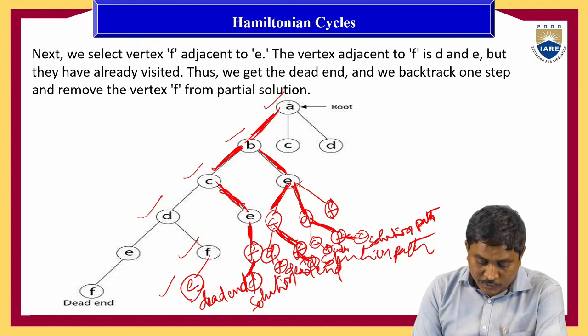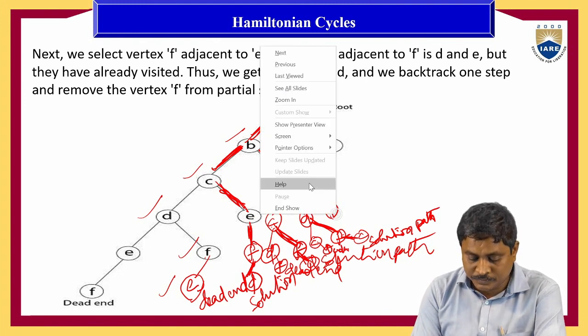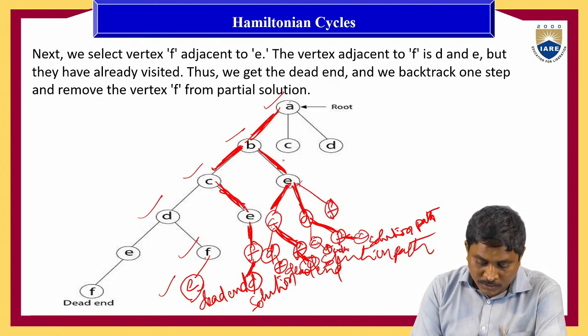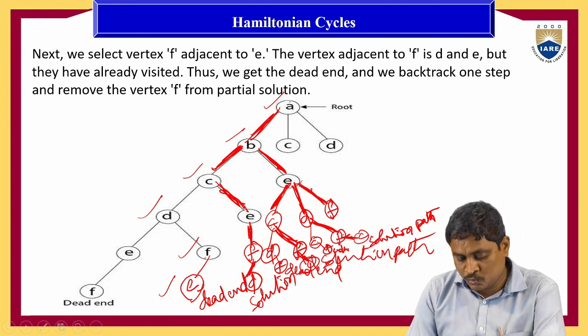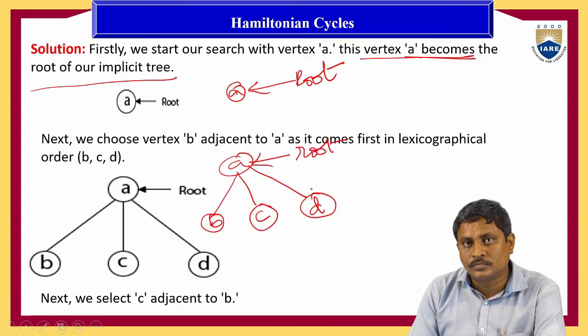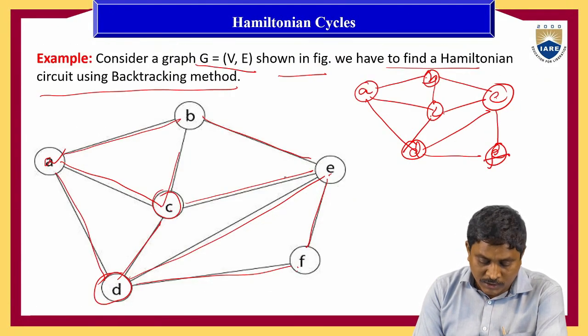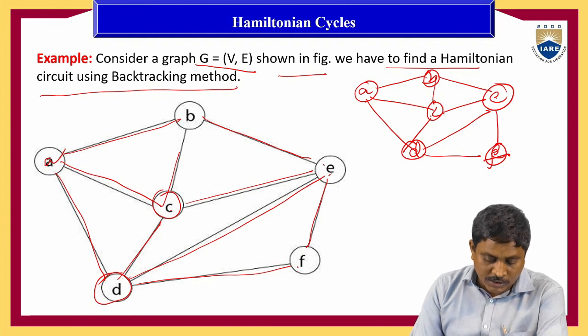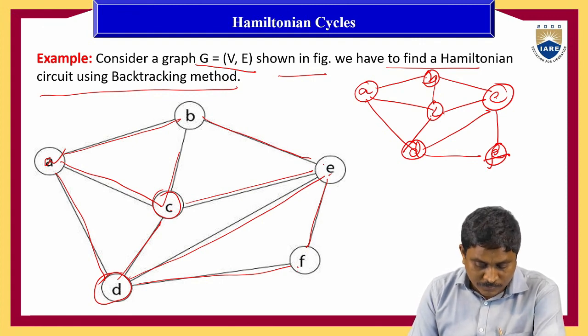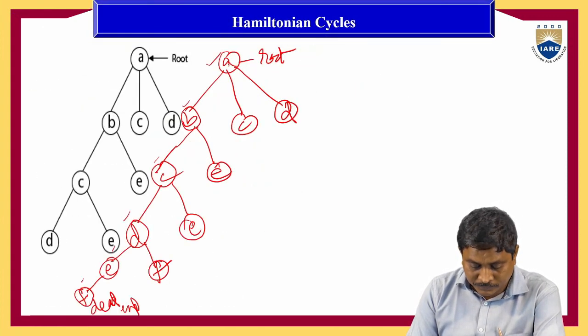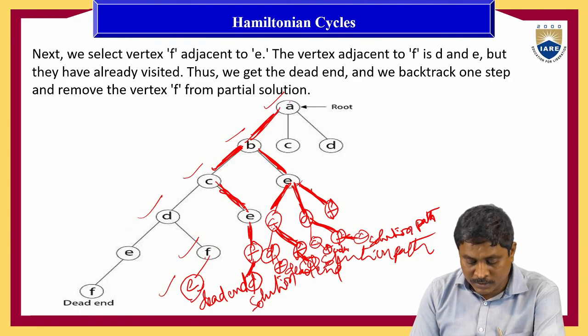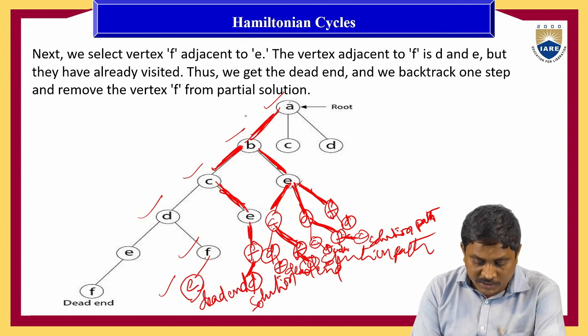Next, again come back to E. E to F. A to B, B to E, E to F. F is adjacent to D only. E already repeated, already visited D. C is not visited here in this path.